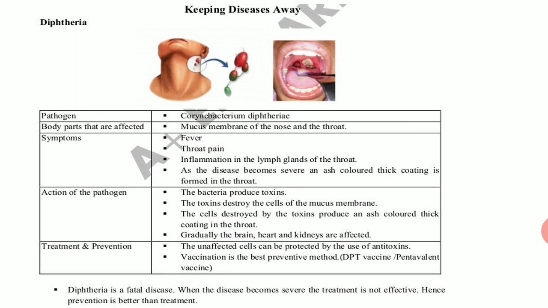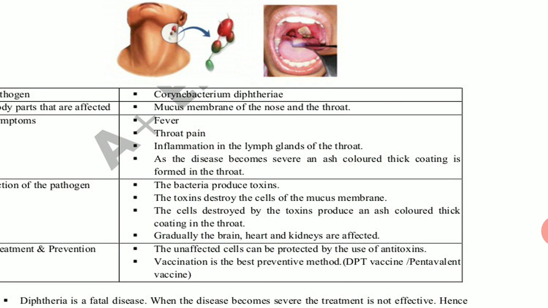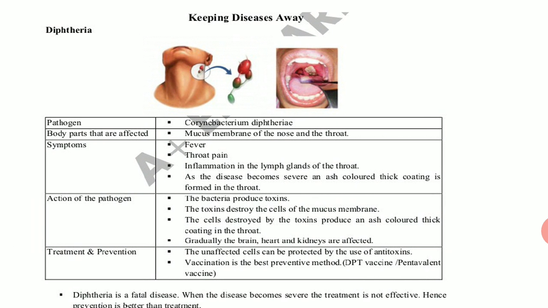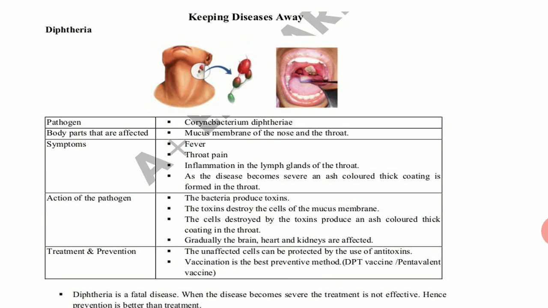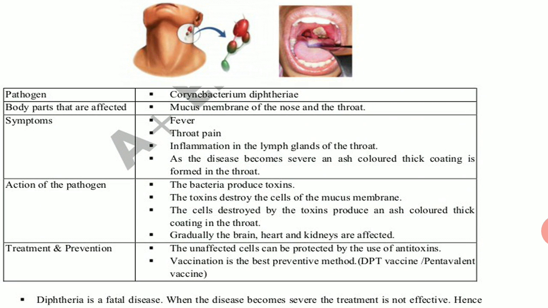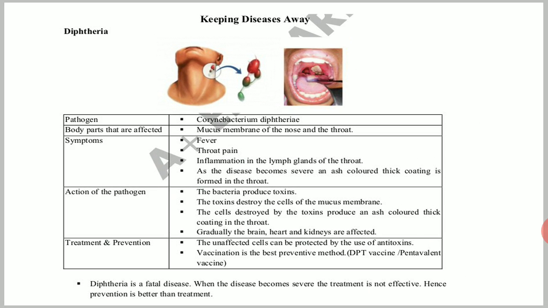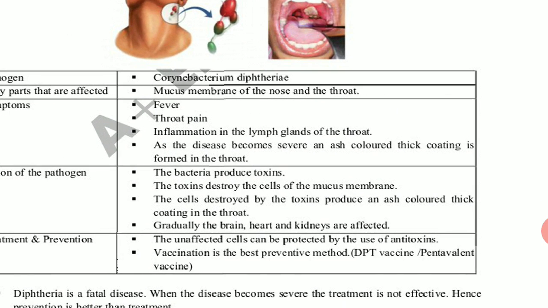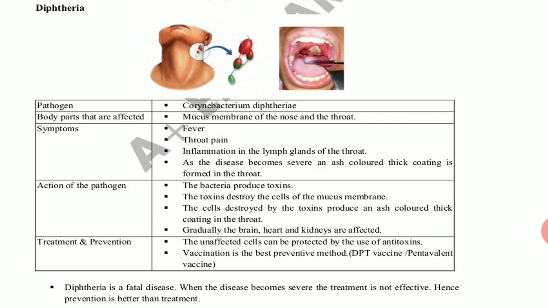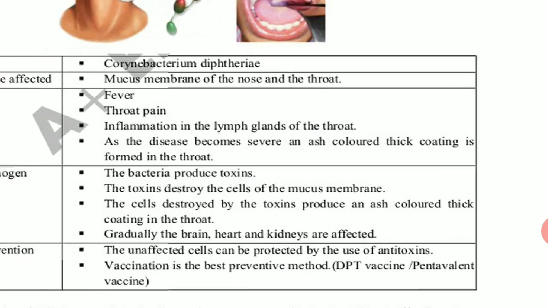Whenever any bacteria enter our body by different means, once it reaches the blood or the cell, it produces toxin. Then that toxin destroys the cells of the mucous membrane. Here also the pathogen destroys the cells of the mucous membrane.